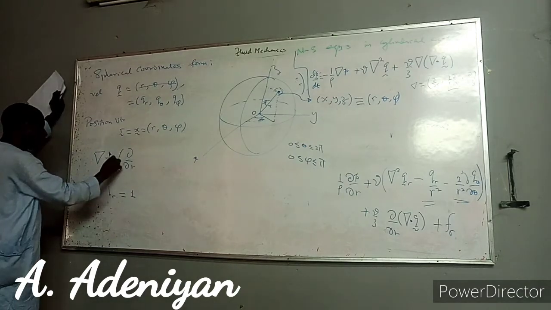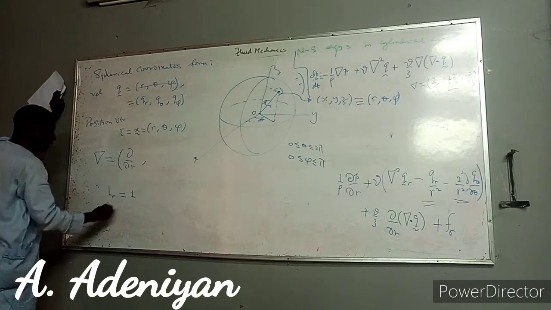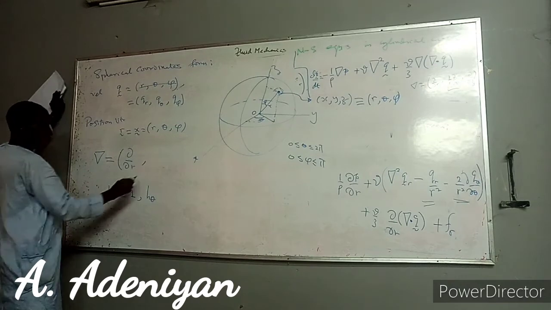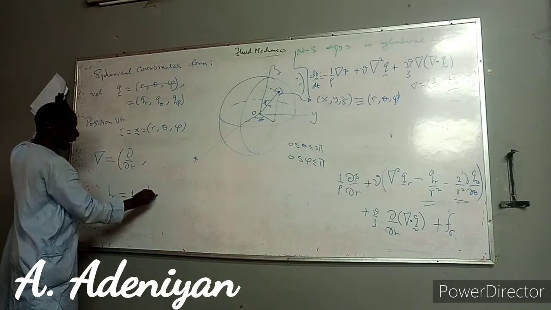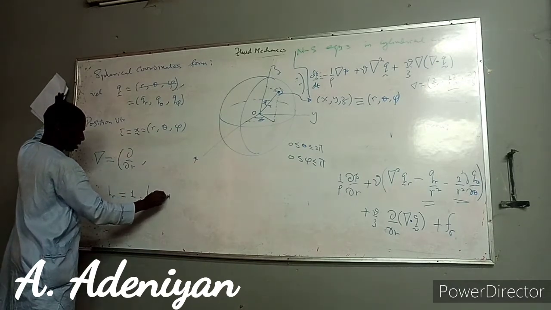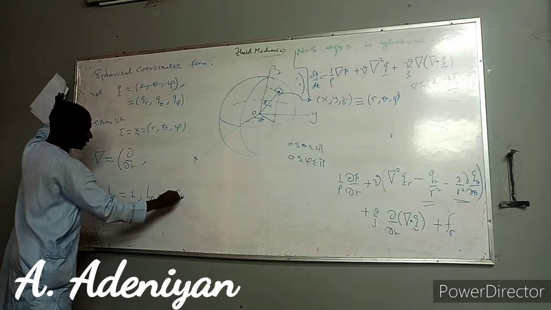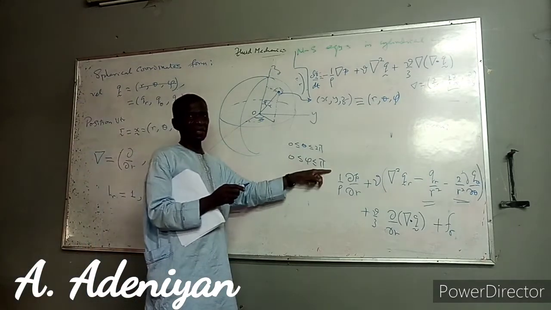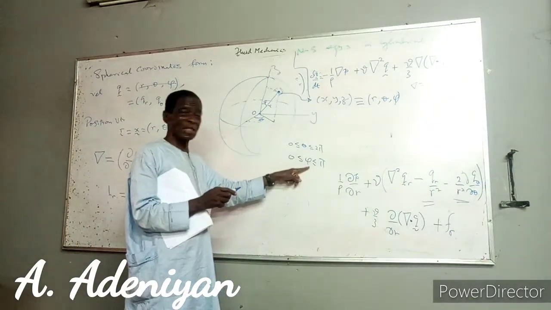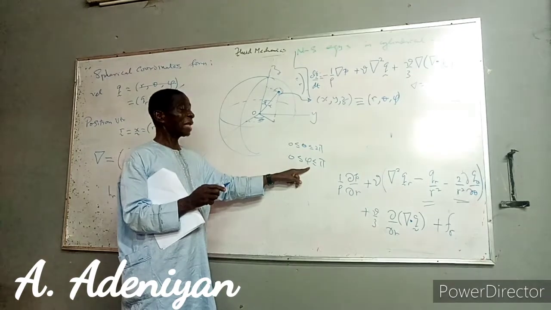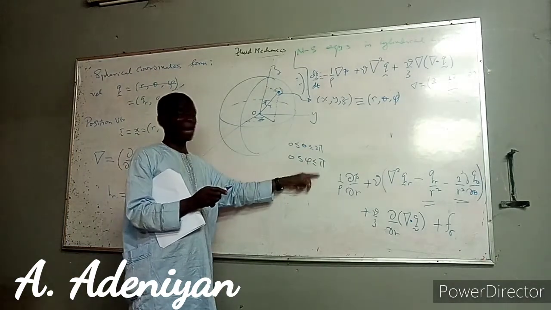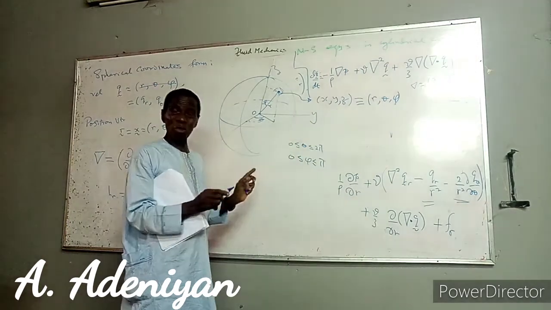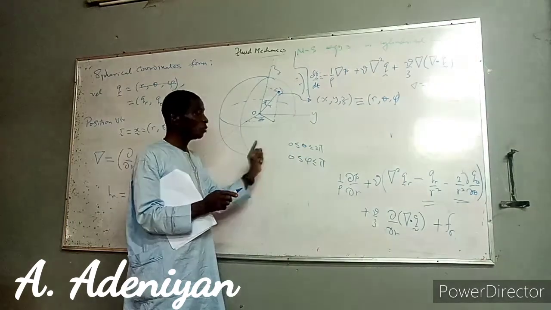So you see, 1 over h_r times the partial with respect to r, then 1 over h_theta, which is r sine phi. Phi is the angle that varies between 0 and 180. Sometimes they will put this as theta and say theta is the one that varies between 0 and pi, and they may change this one to phi, but that should not cause any confusion as long as you know the variation.